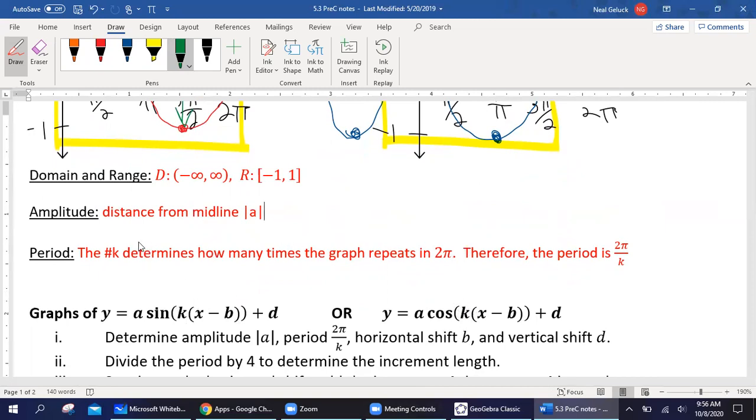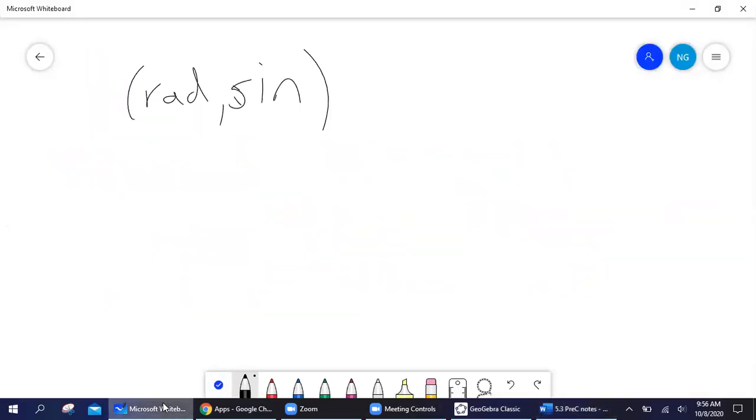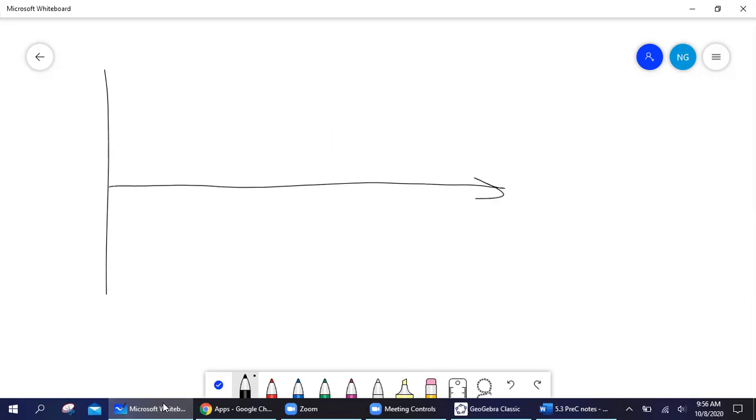So before we start figuring out the period, here's what basically happens. We'll go with sine, a normal sine function. A normal sine function is going to finish the wave, which is going from the middle, up, down, back to the middle. That's one sine, and it took 2 pi to finish that. The period is 2 pi.